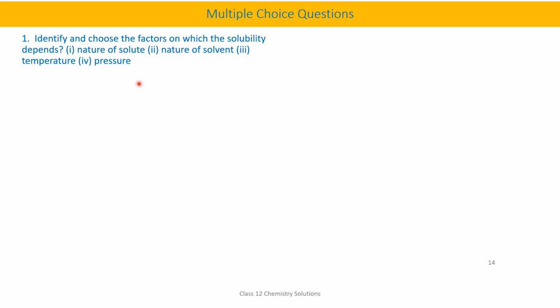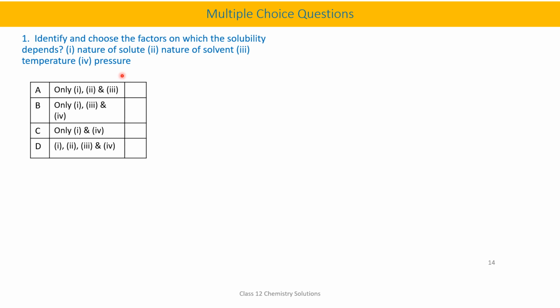So these factors are numbered 1, 2, 3 and 4, and you have to choose the combination which is responsible for the solubility of the solution. Four options are given. Option A: only 1, 2, 3. Option B: 1, 3 and 4. Option C: only 1 and 4. And option D: 1, 2, 3 and 4.